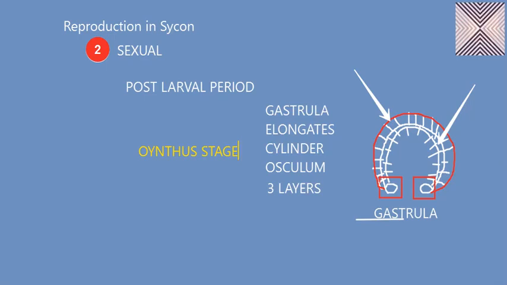These are the characters of the olynthus stage. It has 3 layers, it is cylinder like, it has an osculum, but it has no canal system, or I should say the radial canals, to be very precise. After this olynthus stage, the radial canals are formed, and it undergoes further differentiation.